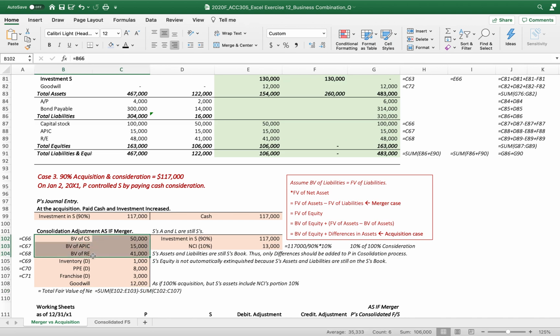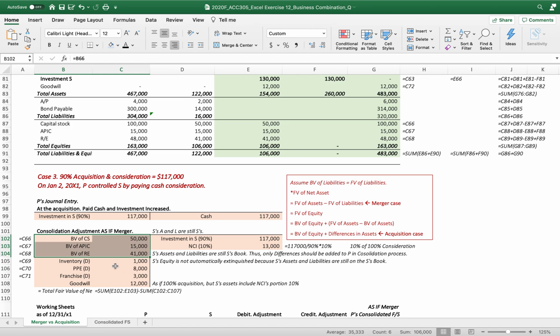Again, why do we need this procedure? Unlike the merger cases, the consolidation process needs to remove this equity, because a merger automatically extinguishes the acquired company's equity, but in the consolidation process the S company still exists.